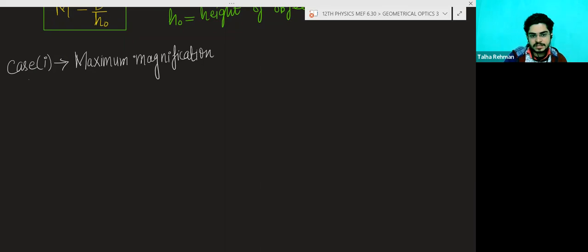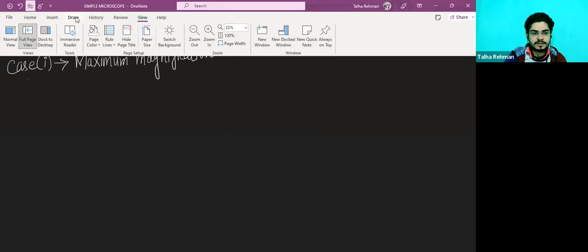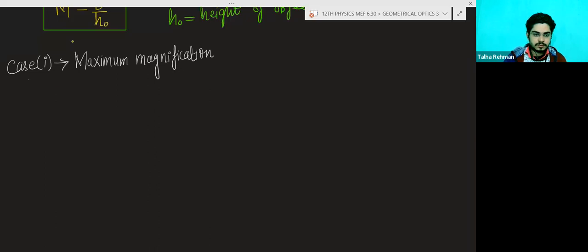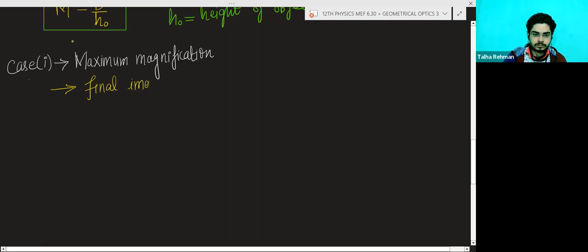In case of the maximum magnification, final image should form at D. D is 25 centimeter, okay, for the normal human eye. Final image is formed at D.